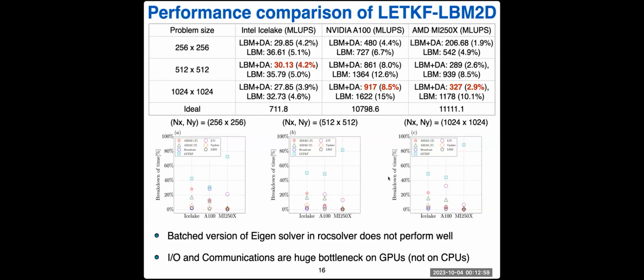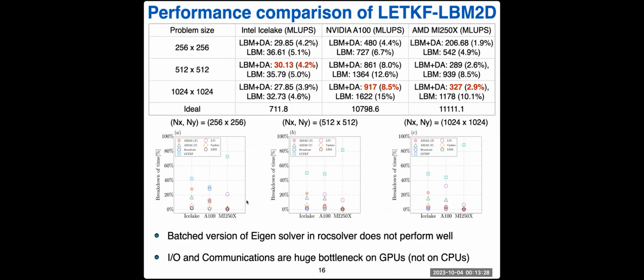This is just because the LETKF solver is slower on the AMD GPUs due to the lower performance of the batched rocBLAS solver for the eigenvalue decomposition. Another important point is that I/O, all-to-all communications and broadcast communications are quite a serious bottleneck on the NVIDIA GPUs and AMD GPUs.